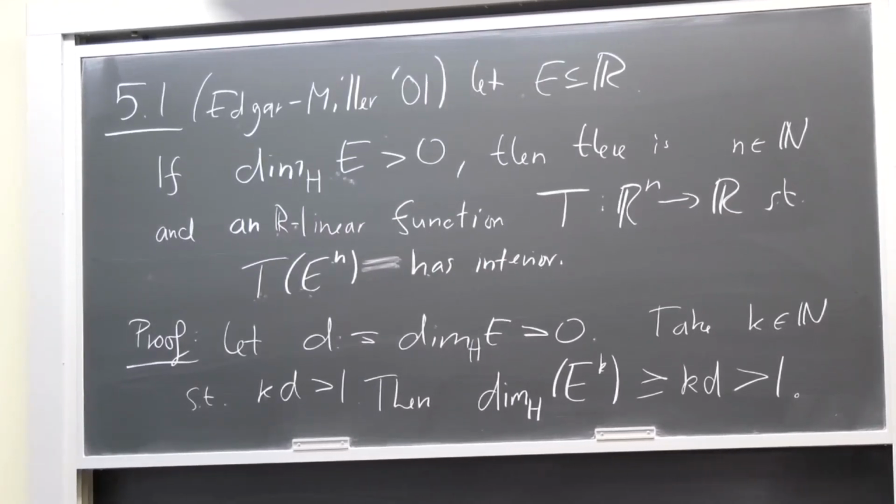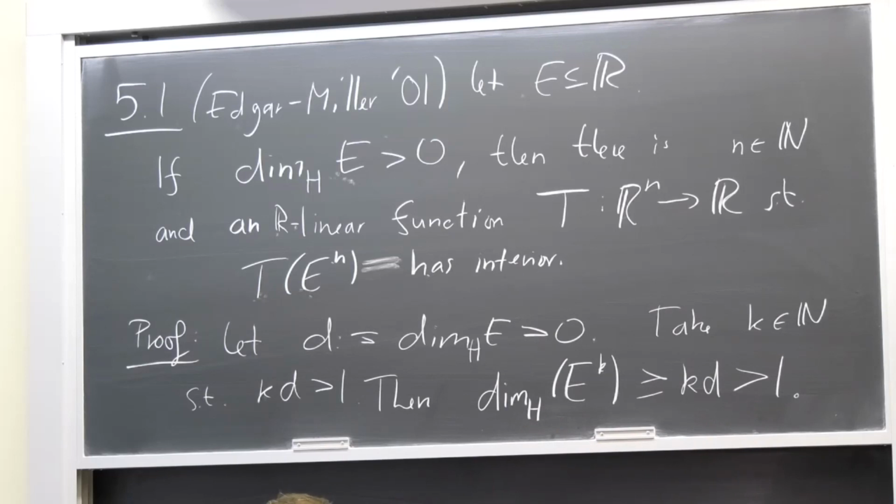So now we can use what is called the Marstrand projection theorem. That essentially says that if you have some set in some higher dimension, so this lives in R to the K, and this has large Hausdorff dimension, then almost every projection you take will pick up positive Lebesgue measure.